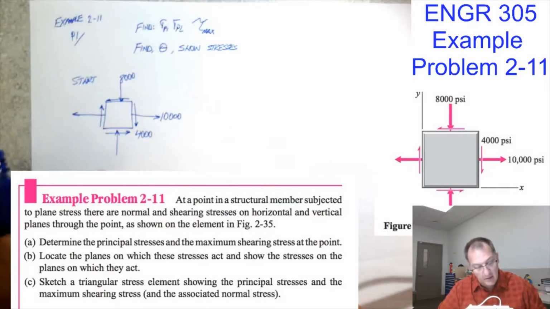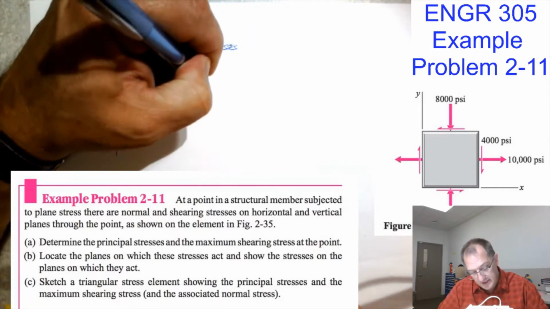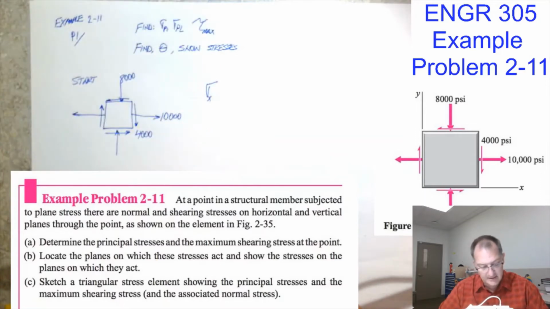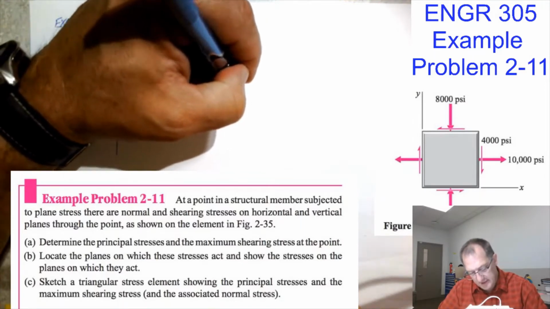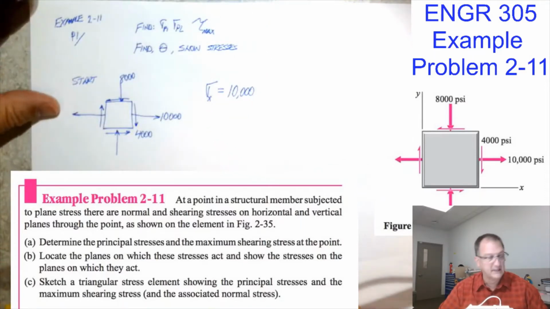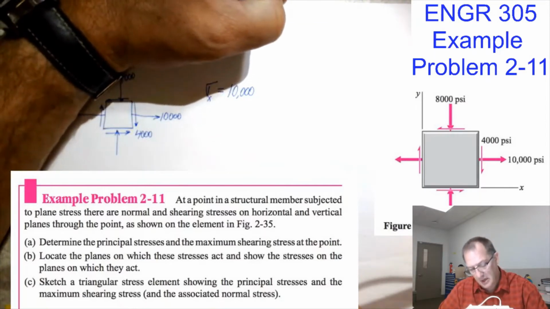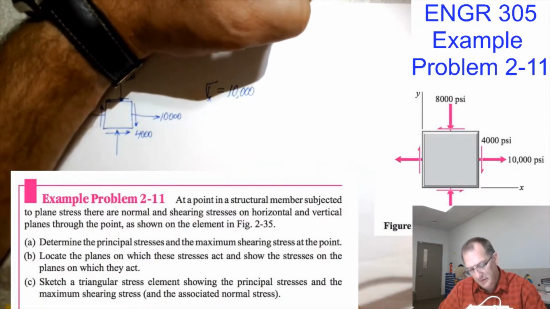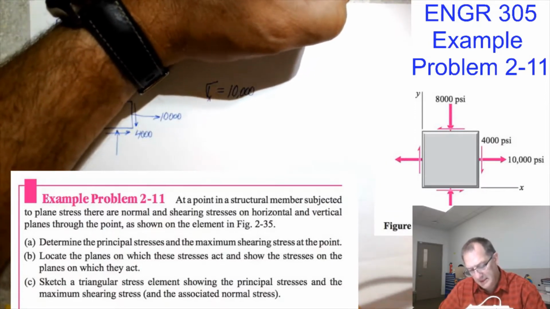I'm going to write this out the way I've encouraged you to, that the normal stress in the x direction is equal to, it's in tension, so it's a positive 10,000 PSI. And I'm going to put a little note, all units are PSI.